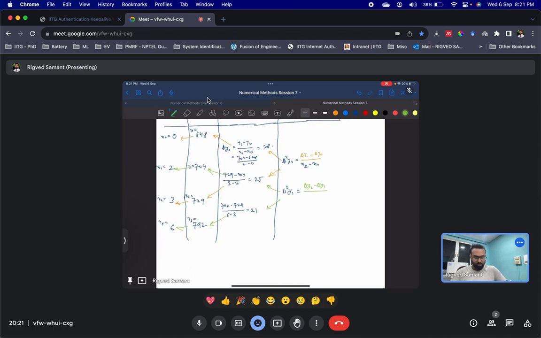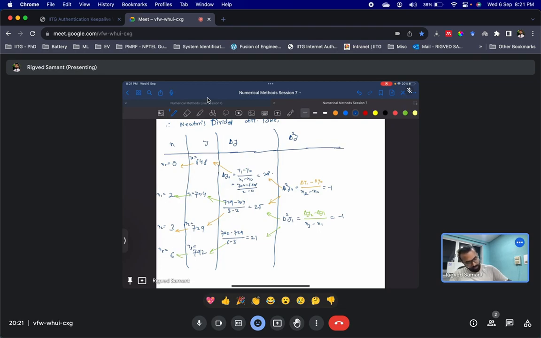Okay, understood? So this is your x3 minus x1. So if you plug in the values, you will get the value as -1, and this value would be again -1.